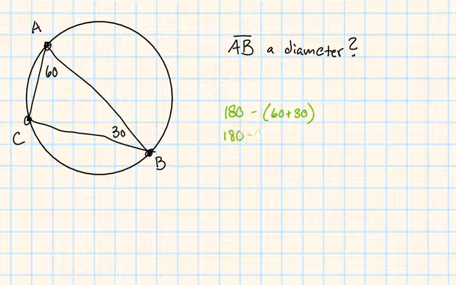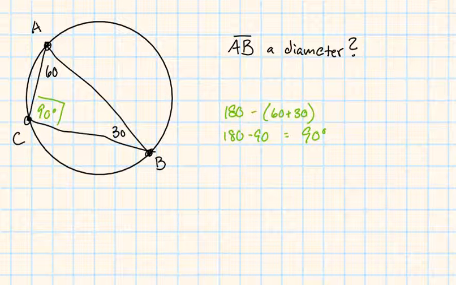So that's 180 minus 90 degrees, and our result is 90. So we do know that this missing angle is 90 degrees. And in the previous theorem, it was stated that if the angle opposite the hypotenuse was 90 degrees, that means the hypotenuse is a diameter. So yes, AB is a diameter.